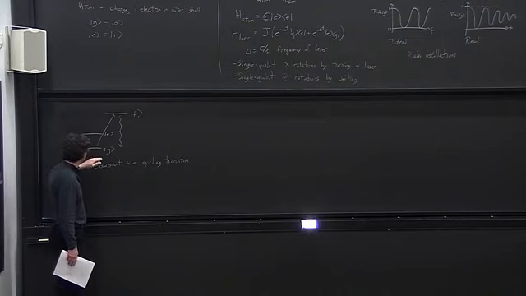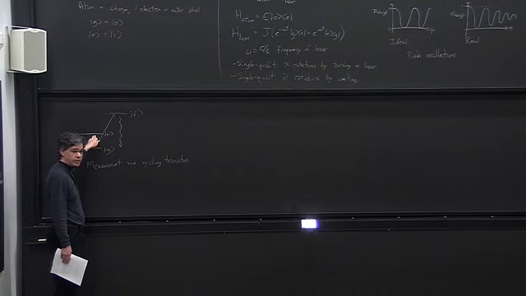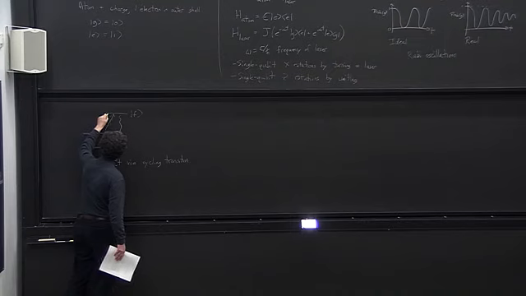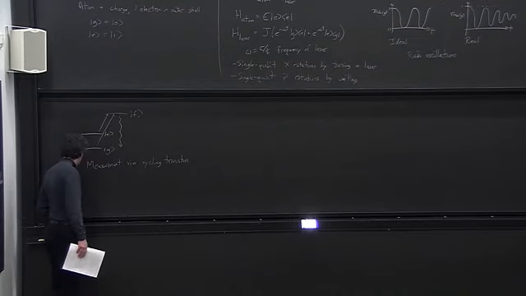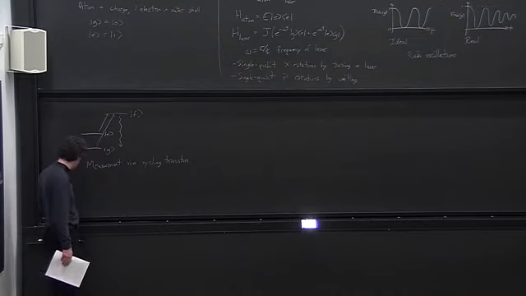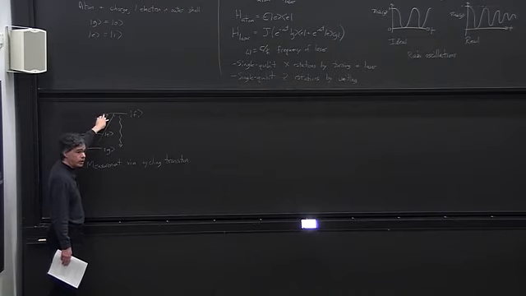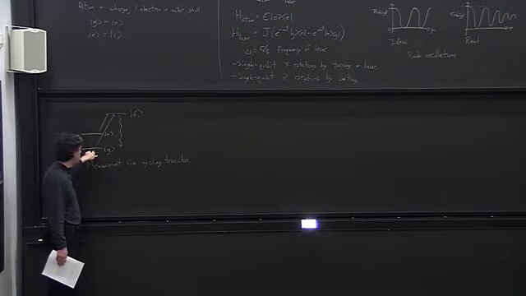Because suppose you happen to be in the state E to start with, but then you shine a laser that's at this EF transition. Oh, I can use another color. Suppose you do that. I don't know if you can see that difference. But anyway, suppose you shine on this EF transition, well, the atom will quickly absorb a photon, but then it'll emit a photon and go back down to G. If we start at G, we'll stay at G, because we don't have this laser on.